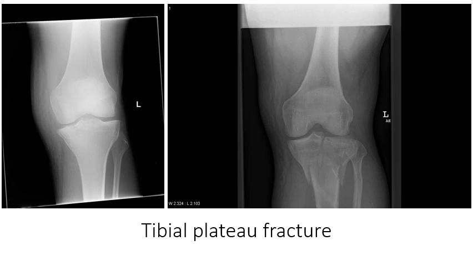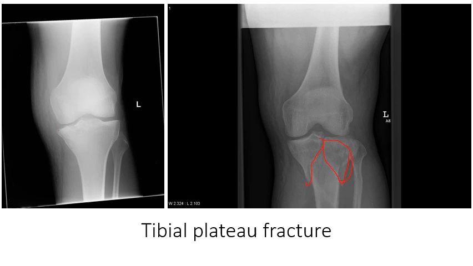Tibial plateau fractures can be subtle and can be clearly visible. On the right hand side X-ray, you can see there is a definite tibial plateau fracture. The whole thing is fractured. It can be so evident, and it can be a subtle fracture on the left hand side of the X-ray.